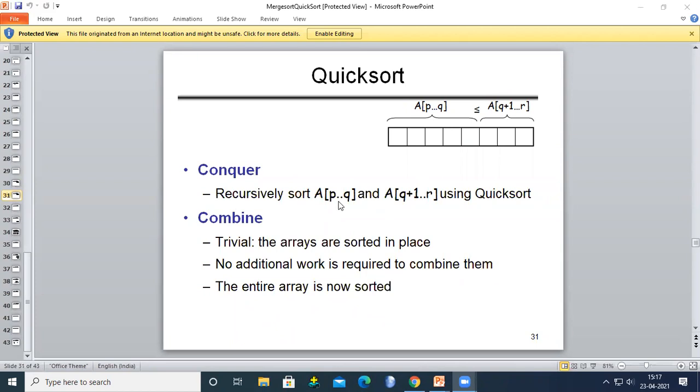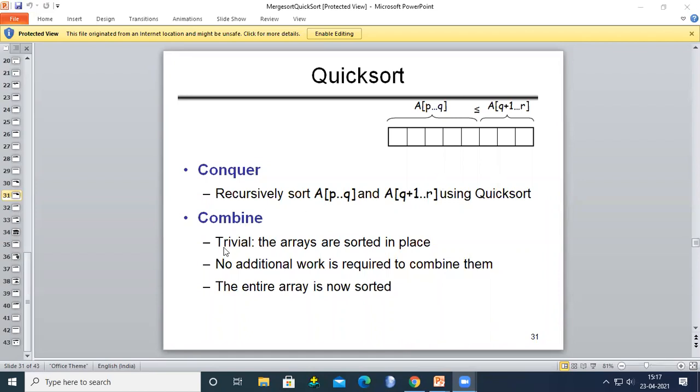So recursively sort A[P..Q] and A[Q+1..R] using quick sort. That means you can recursively apply the same sorting technique, the quick sort technique, to sort the elements in the left part and right part, the left subarray and the right subarray.